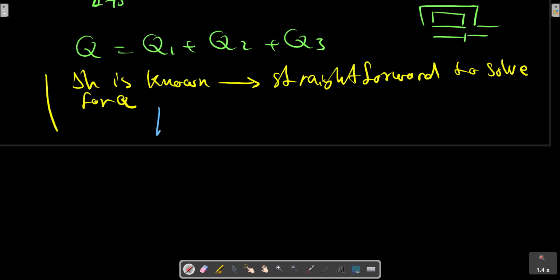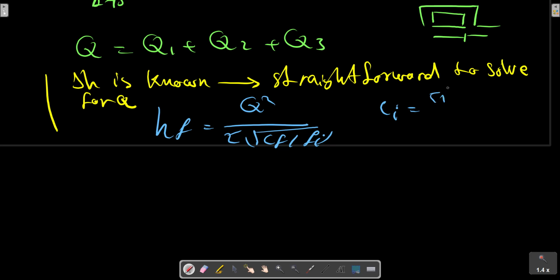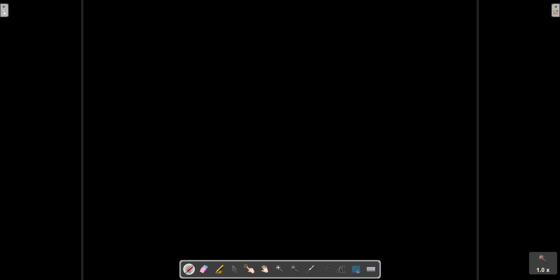So the summation of C_i times the square root of hf over f_i, where C_i is the geometry-dependent constant. Since the friction factor varies with Reynolds number and roughness ratio for each pipe, we can calculate a first estimate of hf, then each pipe yields a flow rate estimate.